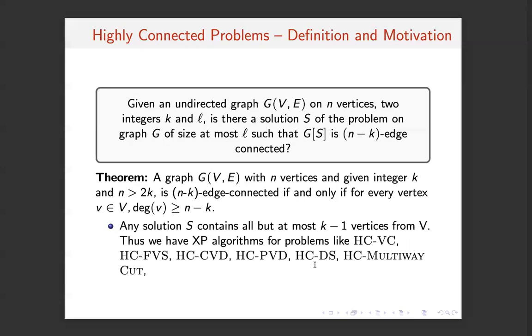And obviously, the additional constraint is G induced on S is n minus k edge connected. For highly connected multicut, we want to find a subset S whose removal disconnects every given pair si, ti in the remaining graph, and again, G induced on S is n minus k edge connected.